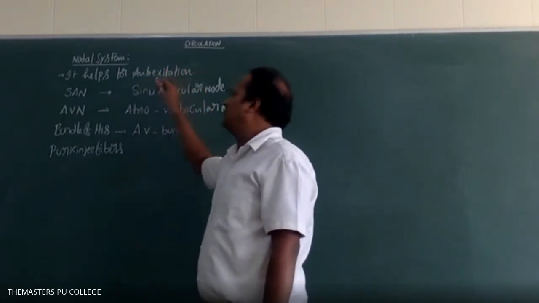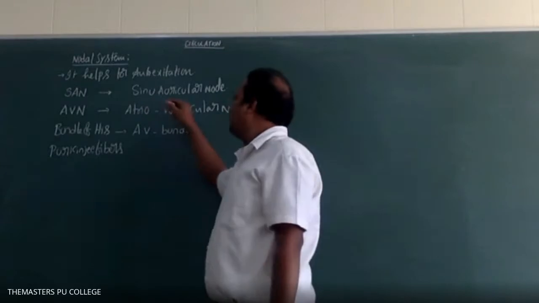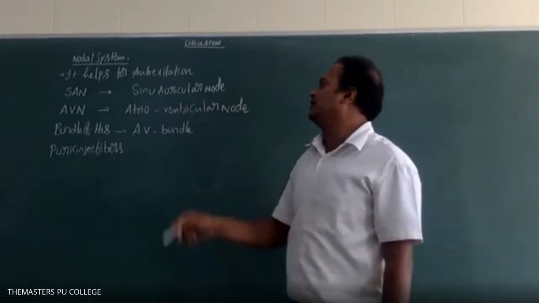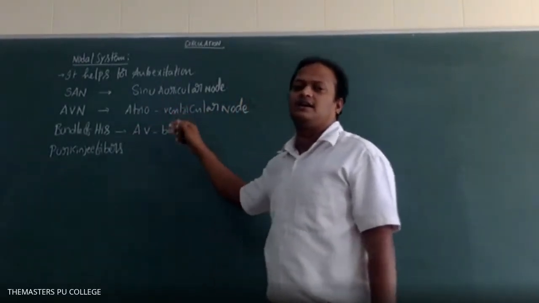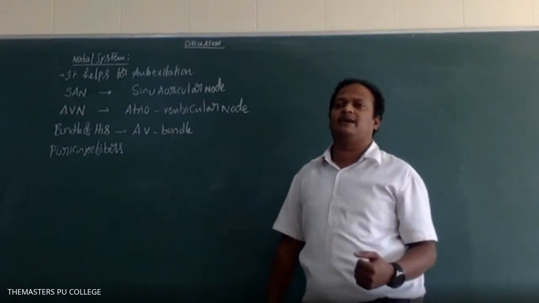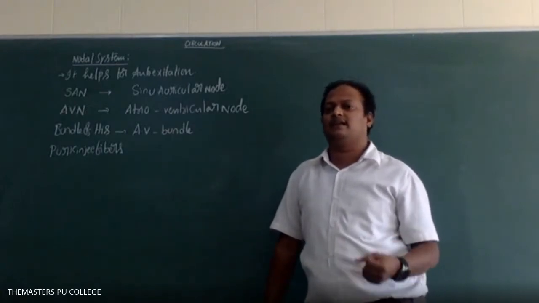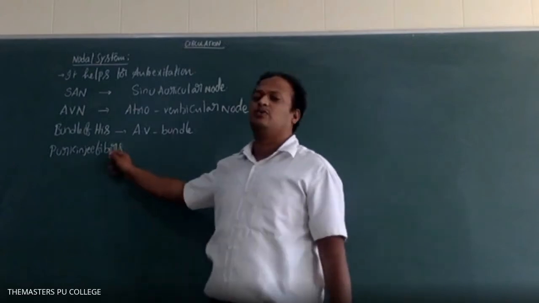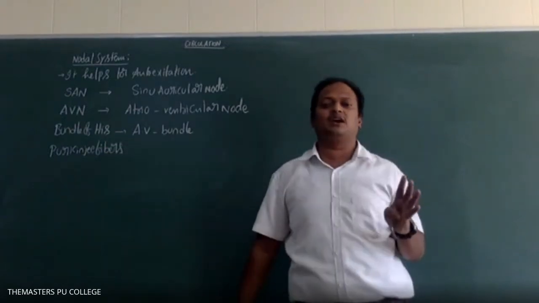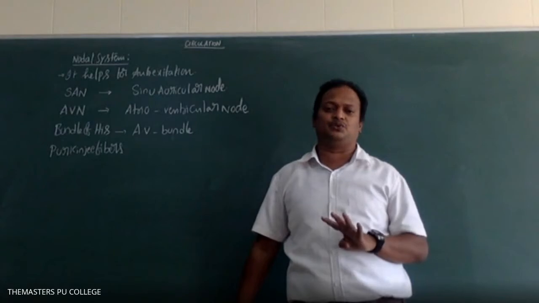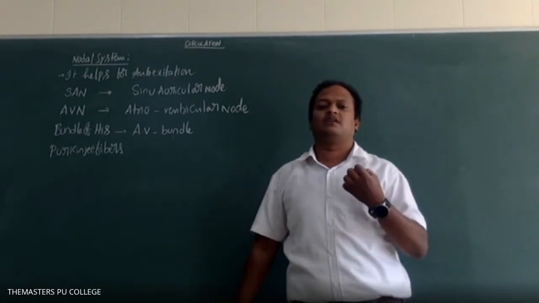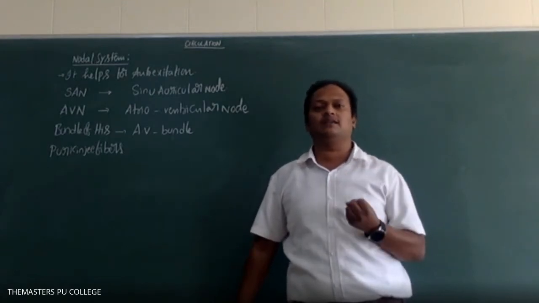Sino-auricular node. AVN, atrioventricular node. Bundle of His is also called AV bundle. AV bundle means atrioventricular bundle, and Purkinje fibers. These four are the components of nodal tissue, which is helpful for contraction and relaxation of the heart by itself.